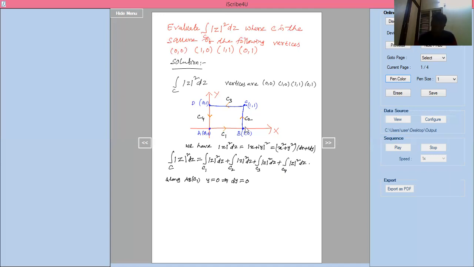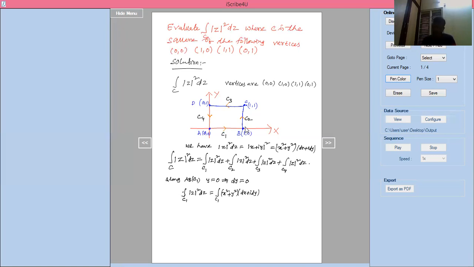Now, along C1, you know that modulus of z square is x square plus y square. So the integration along C1 of modulus of z square into dz is the integration of x square plus y square into dx plus i dy.